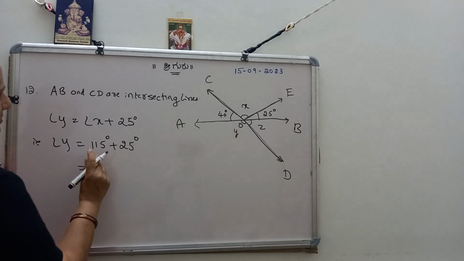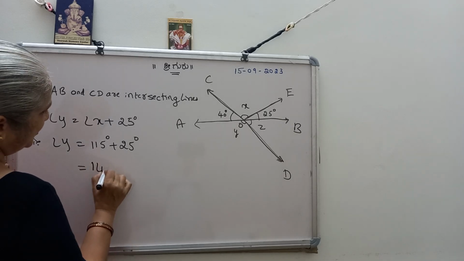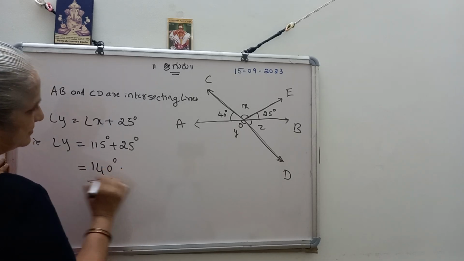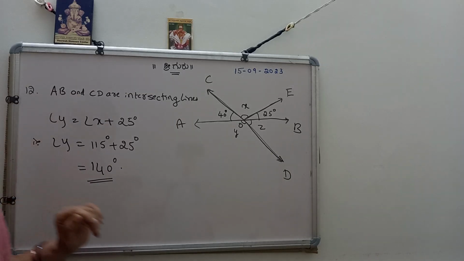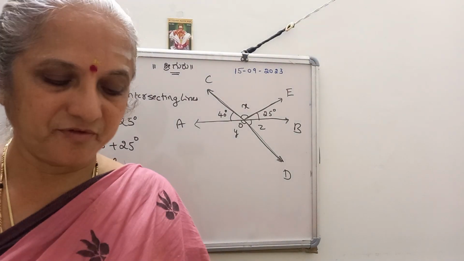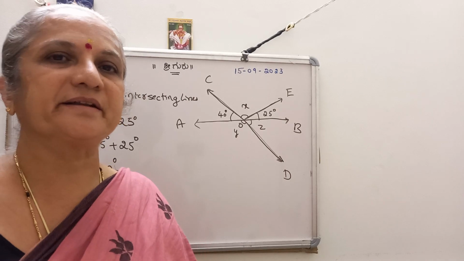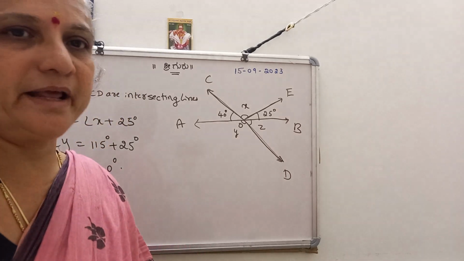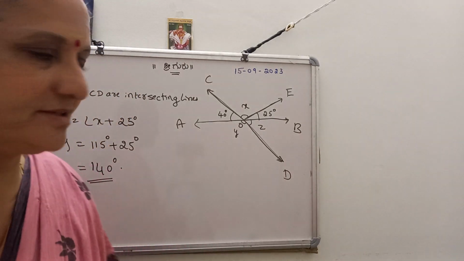This is equal to 140 degrees. This is how we should find the angles formed when two lines intersect each other and one ray is emerging from the point of intersection.